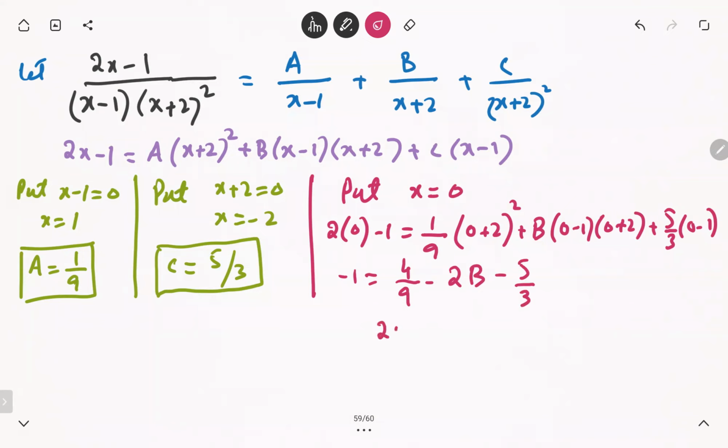So 2b on the left, 4/9 minus 5/3 plus 1. Use your calculator. 4/9 minus 5/3 plus 1 and divide this by 2.